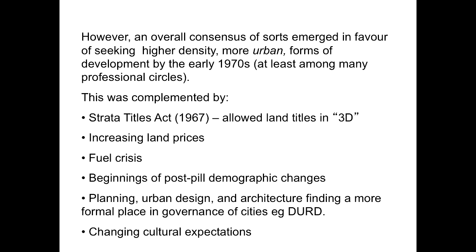But the Strata Titles Act formalised the process and let you own it and have a certificate of title that described a piece of land up in the air, whether or not it was even constructed, because you can buy off the plan. So some slightly tricky things emerged out of that. But on the whole, this facilitated and made possible that people would buy apartments much more readily and have ownership rights and take out a mortgage on it and all those other things. It made it much simpler to do.